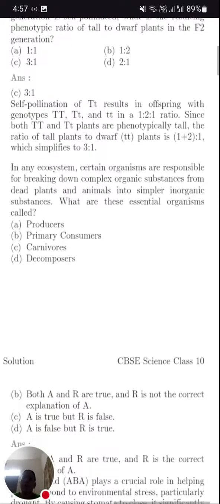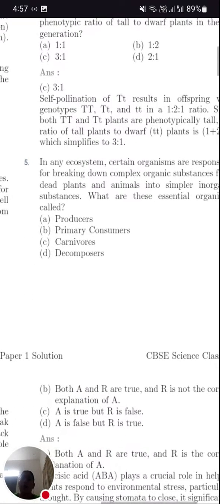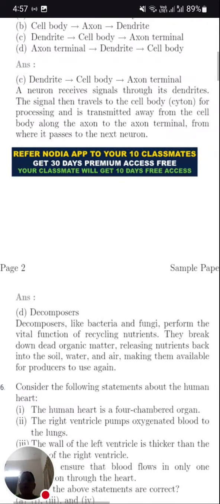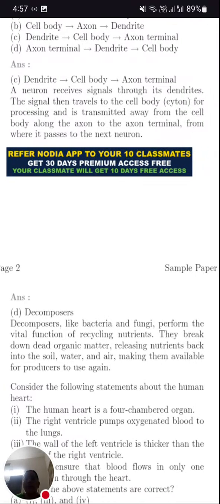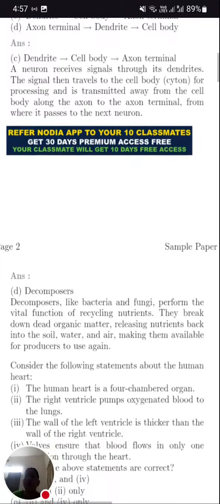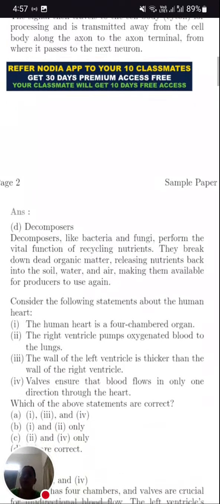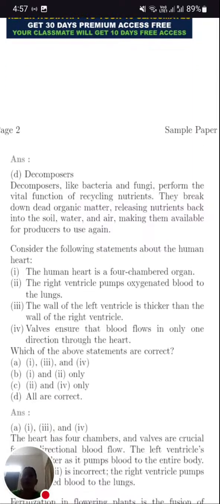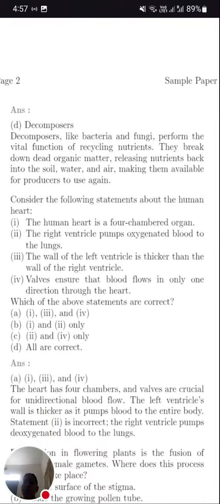So as they are converting complex organic substance to inorganic substances, so here they are decomposers. So explanation is, decomposers like bacteria and fungi perform the vital function of recycling nutrients. They break down dead organic matter, releasing nutrients back into the soil, water and air. So they return back the content to atmosphere. So decomposer is the correct answer.